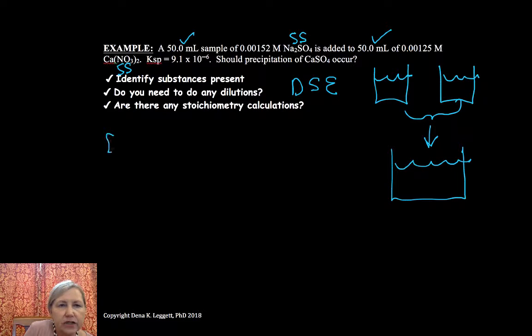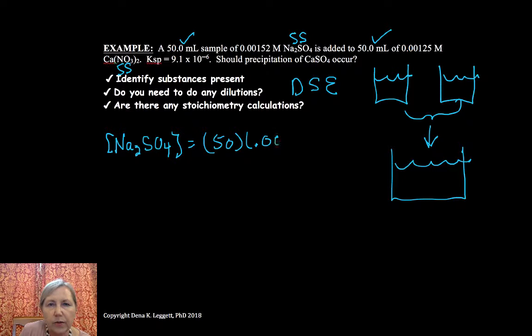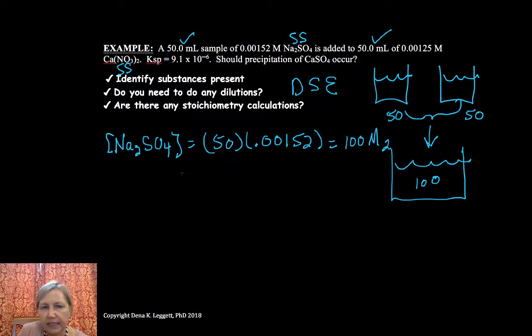So my concentration of Na2SO4 is going to be 50 times 0.00152, and if I add 50 plus 50, my final volume is 100 times my new molarity. And so my sodium sulfate molarity is equal to 7.6 times 10 to the minus 4th molar.